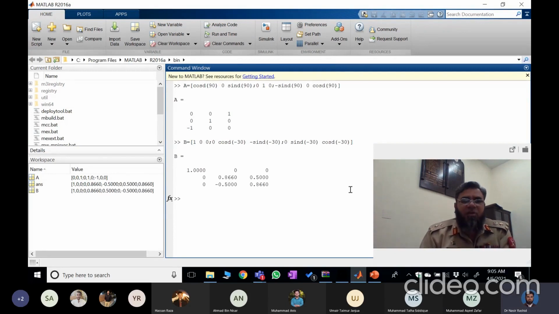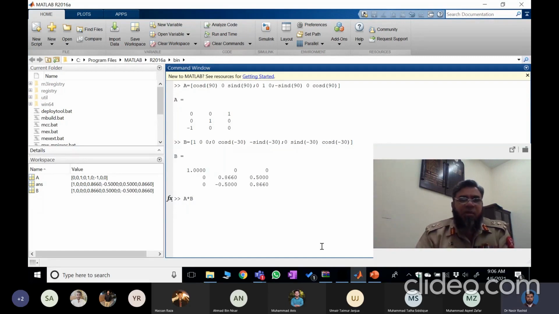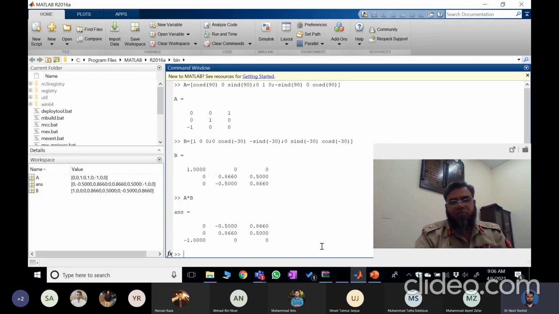So this is going to look something like this. All right. The next command is multiplication of A with respect to B. So this is now the rotation of B with respect to A. This is going to look something like this.